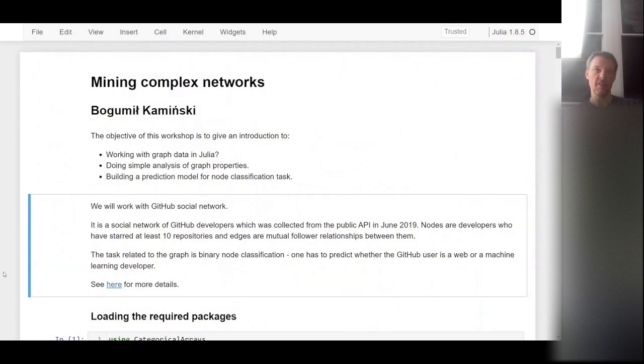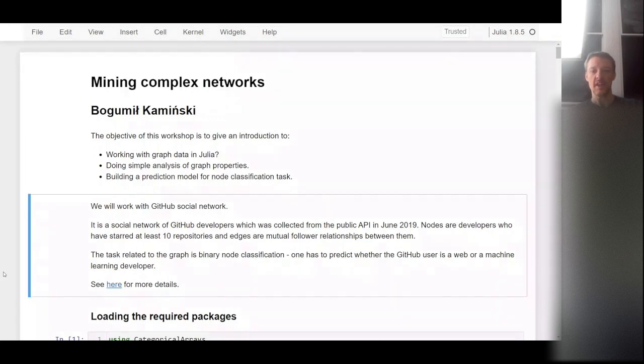And if you have a graph, you always need to say how are nodes in this graph defined and how edges in this graph are defined. So in this case, nodes are developers with the condition that this developer has starred at least 10 repositories on GitHub.